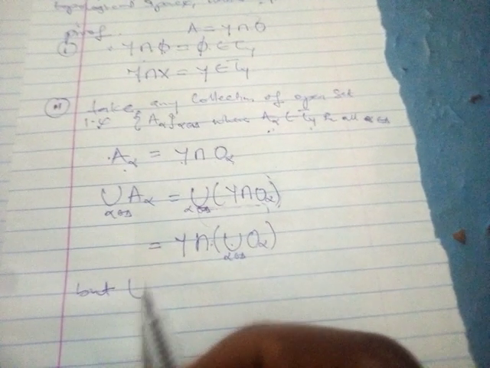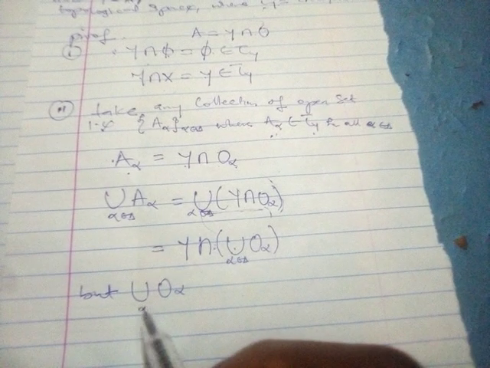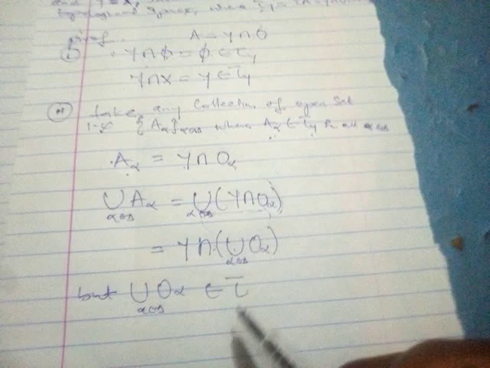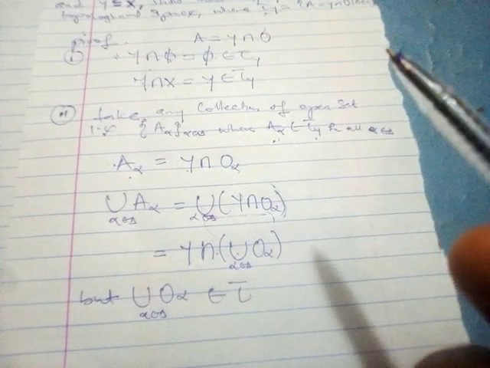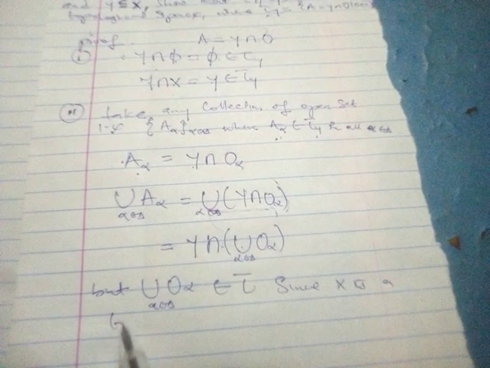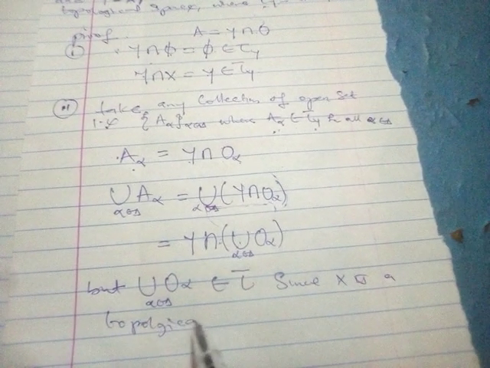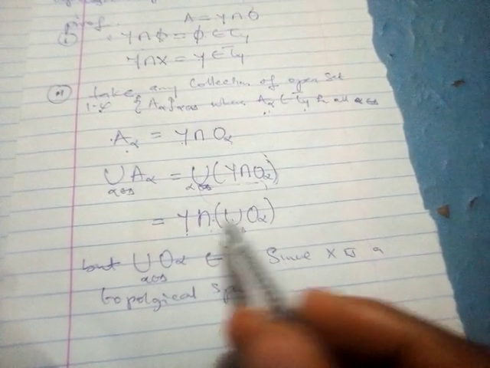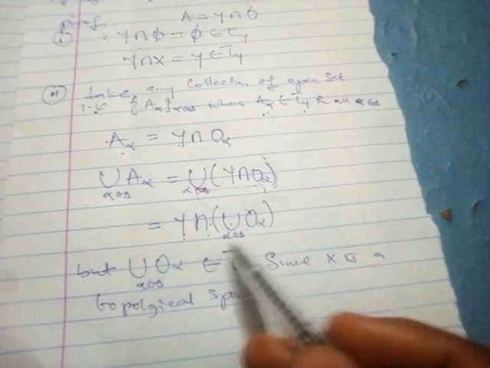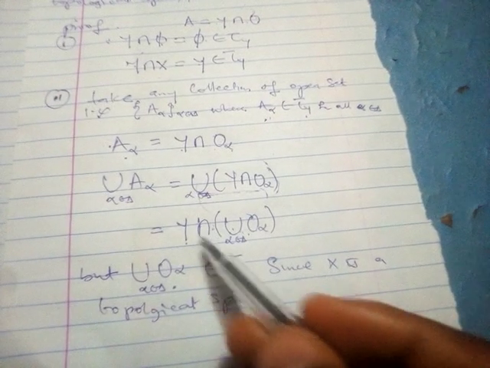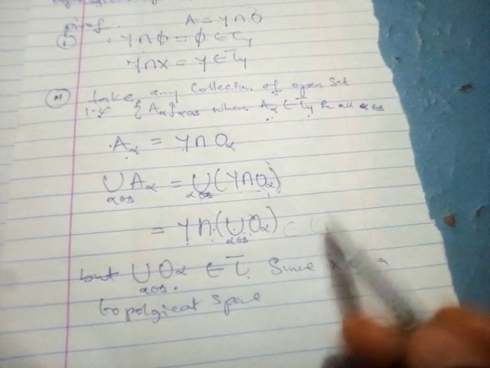Now we know that the union of O alpha, as alpha comes from the index set, is in the topology on X since X is a topological space. Therefore this is open in X, so Y intersect this will also be in this topology.